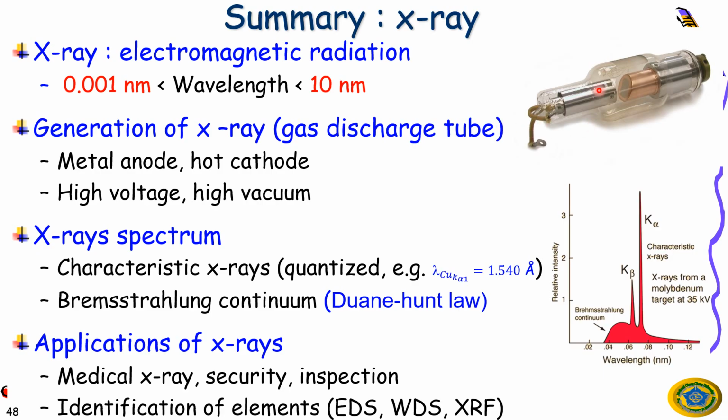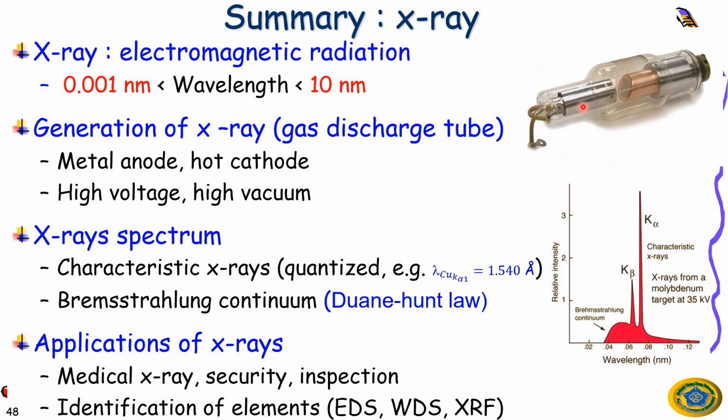And for the modern tube for generating X-ray, it looks like this. So you have a target. It can be metal, and in the modern time, we use copper here. So this is the metal anode. It can be tungsten, it can be any metal.